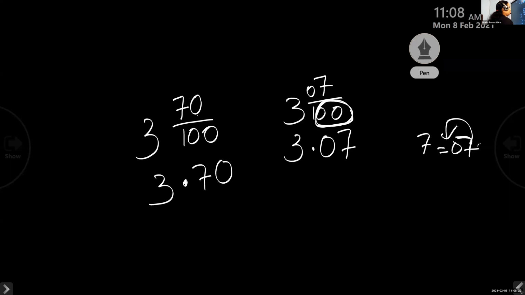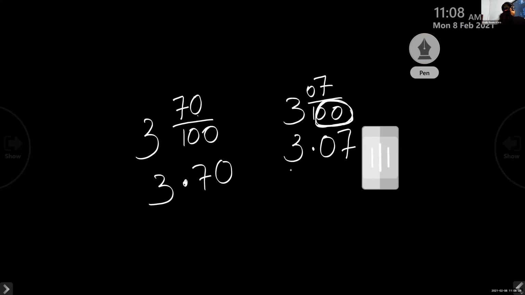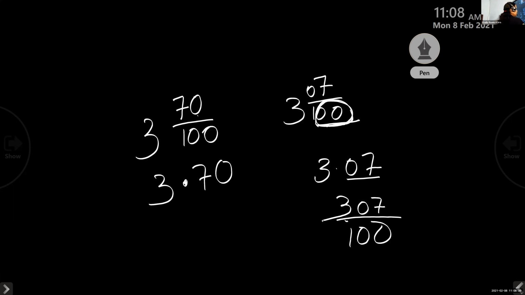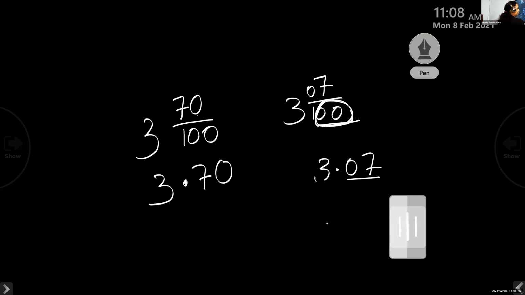Okay, children. So if 3.07 is given, how will I write it here? 07. How many digits here? This is 100. So we can write 307 by 100. If the decimal is given, what will we write? We will look at the denominator.